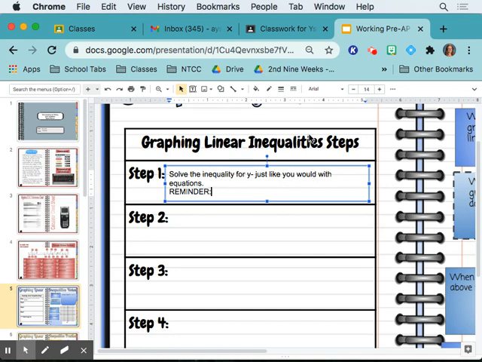A reminder: whenever we solve inequalities and we divide by a negative, do y'all remember what we have to do for inequalities when we divide by a negative? Flip the symbol.